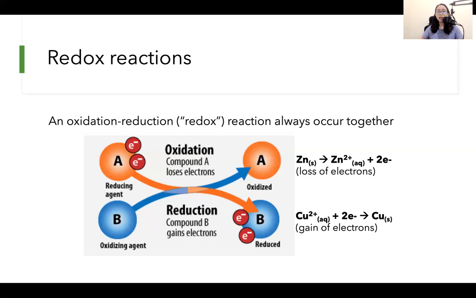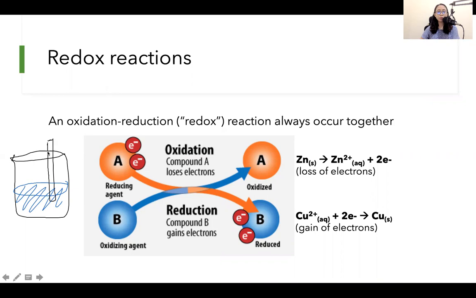If you imagine that you have a solution of copper 2 ions, which is blue in color, and you place a piece of zinc metal in this solution, you will notice the formation of a red precipitate or some red solid in the solution.